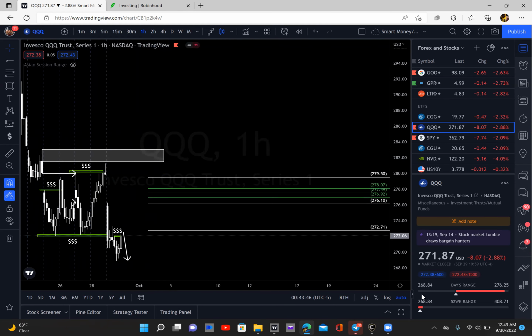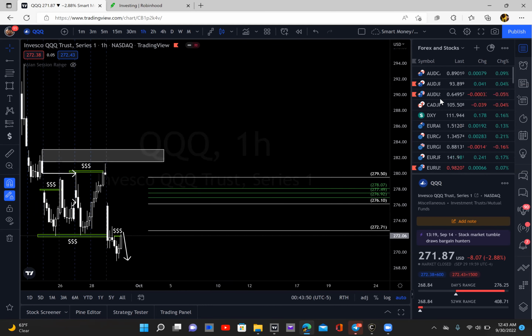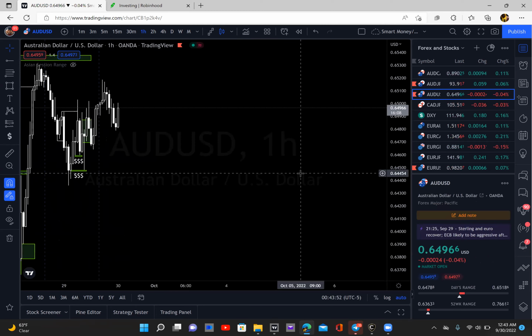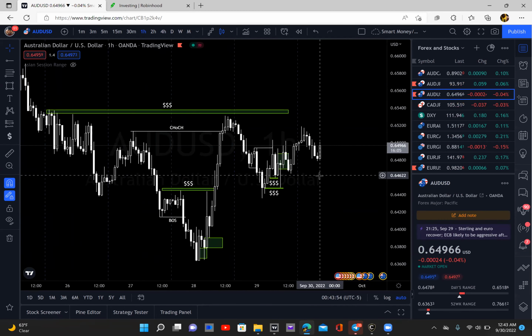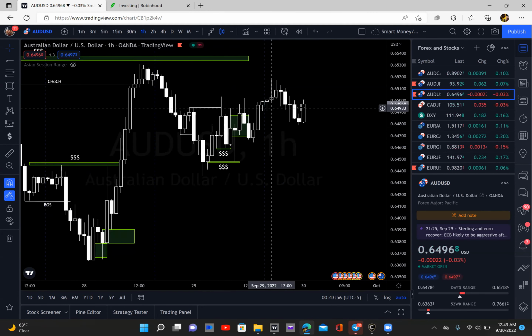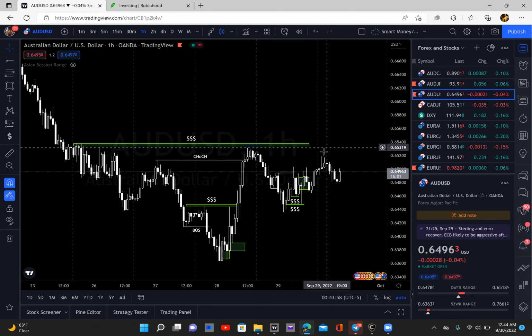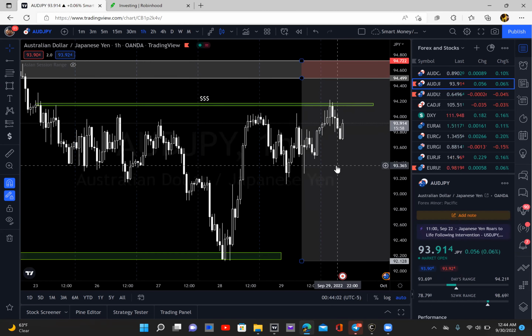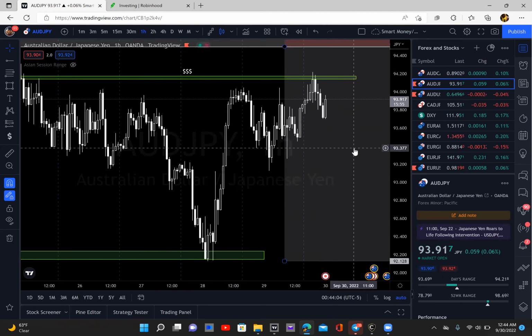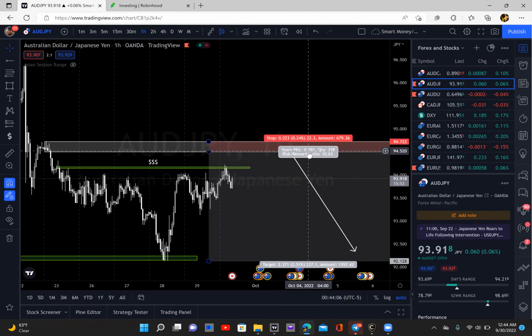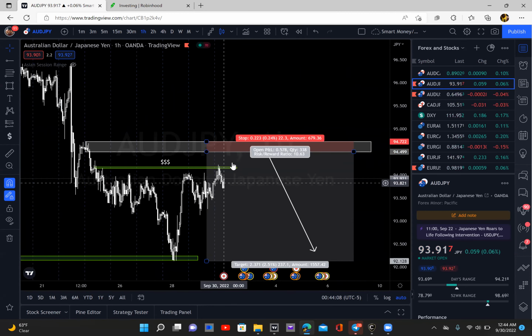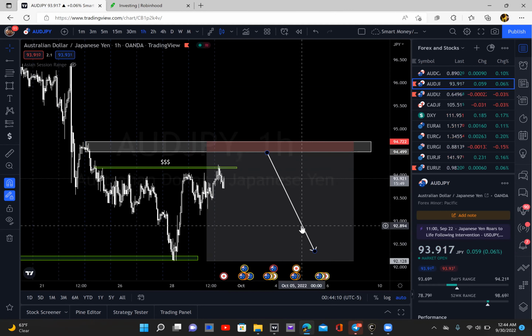But that's it, man. Look, if y'all want to learn to trade, I trade forex as well. Let's see some of my forex setups. AUD USD, still waiting for it to go up. Take out this liquidity, see what happened. AUD JPY, same thing. I'm looking at this perhaps going up here and then dropping.